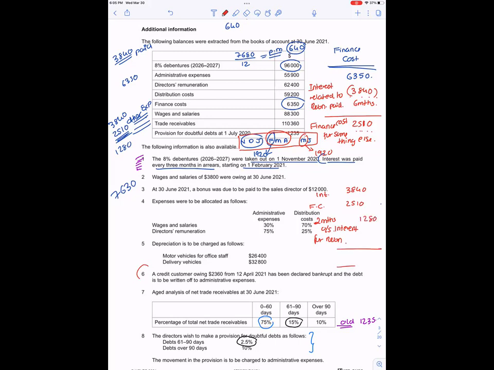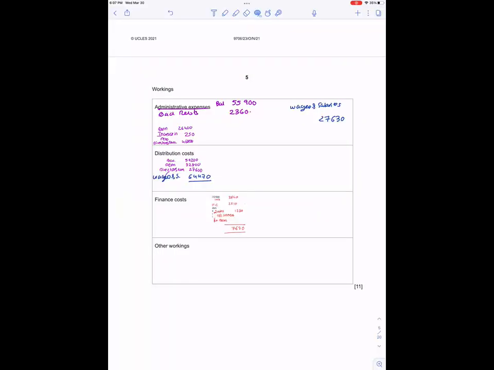So my total finance cost is 3840 plus 2510 plus 1280. My total finance cost is 7630. So finance cost would be 7630.